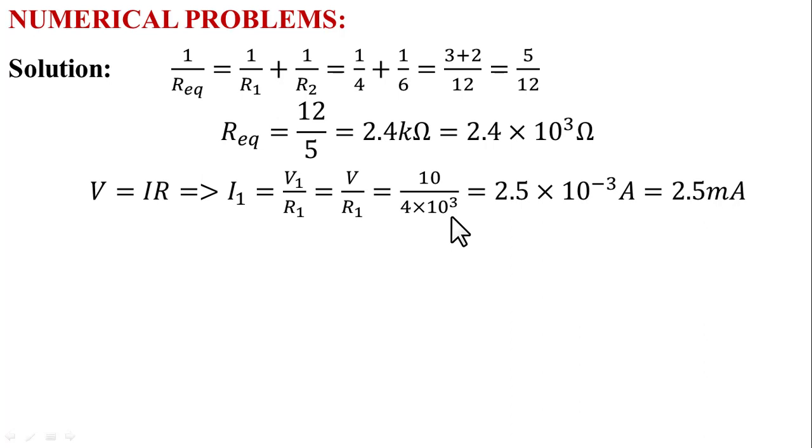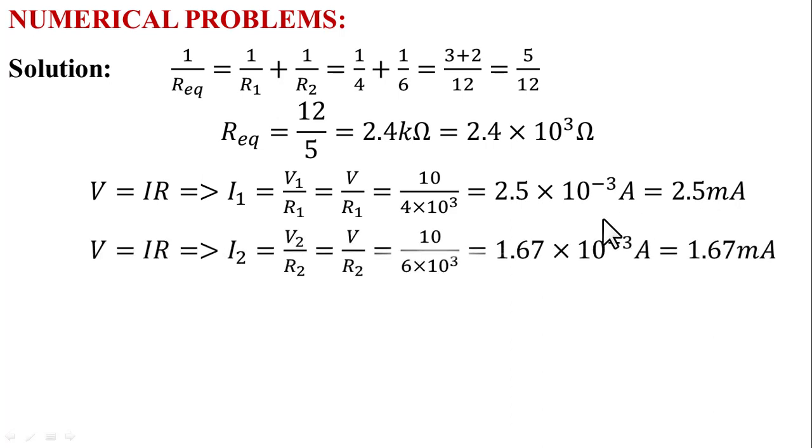This implies that I1 is equal to 2.5 multiplied by 10 raised to power minus 3 ampere. So I1 is equal to 2.5 milliampere.